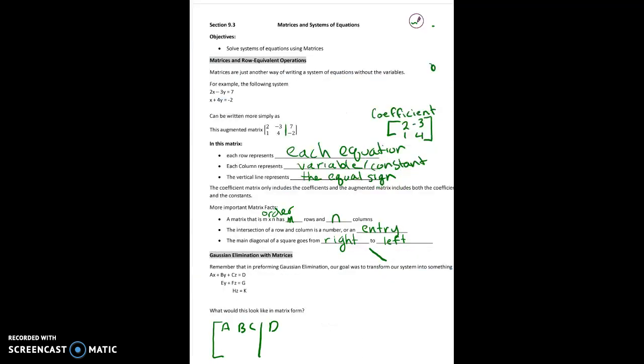Sorry about that. So we put a 0 here. Then we put E, F, G. Let me end this matrix. And lastly, I have 0, 0, H, K. So what we're looking for is we want to get these zeros in those positions. That's what we're trying to do when we perform Gaussian elimination with matrices.